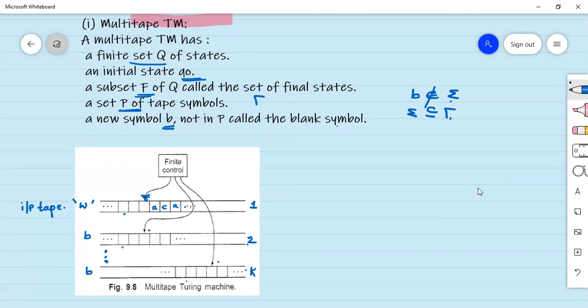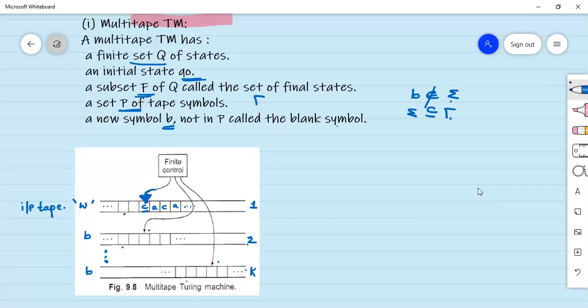The same thing we have seen till now, isn't it? Whenever you wanted to do a configuration, initial state, and then you have all the symbols. So here also same. It will be at the left end of the input W. Left end of the input W means the first symbol of the input is this.